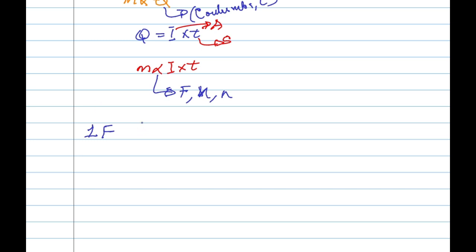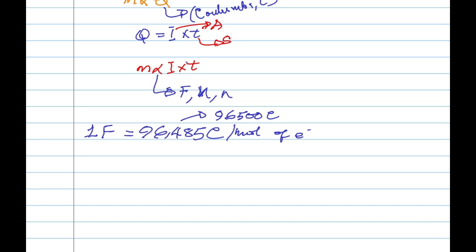So 1 Faraday equals 96,485 coulombs per mole of electrons. Sometimes, as you remember from physics, it is written as 96,500 coulombs. They usually write it that way, which is okay.